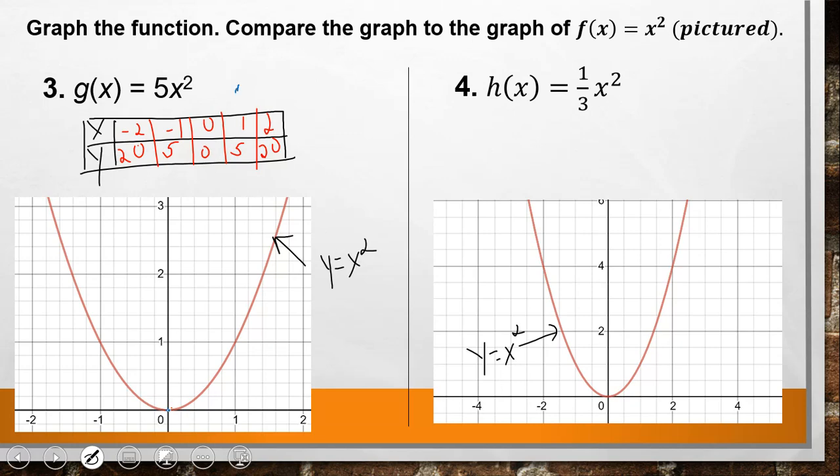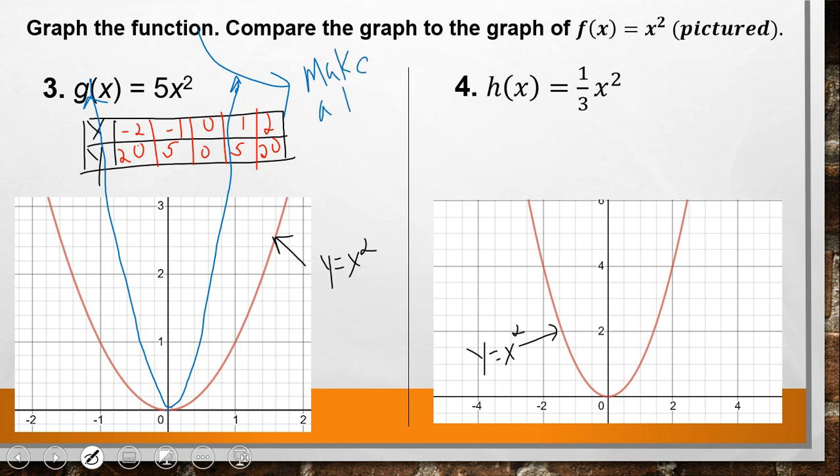It'd be way up here. Same thing here. So you'll see this has become a really narrow graph. And again, you would go through the same process of comparing domain, range, and so on. So when you're asked to graph it, use Desmos, make a table, and then compare in the same exact way that we were doing before.